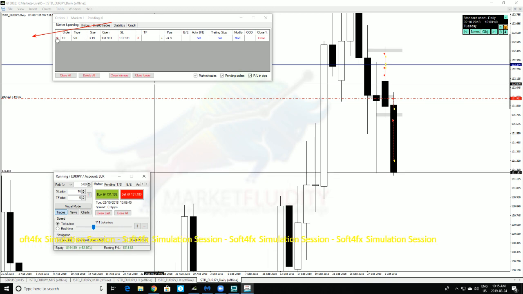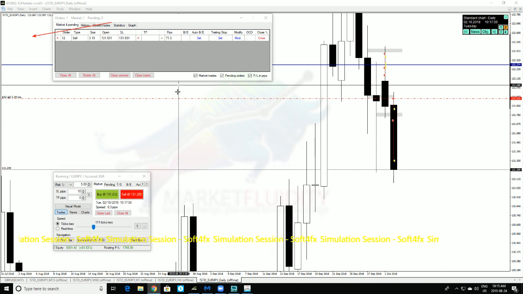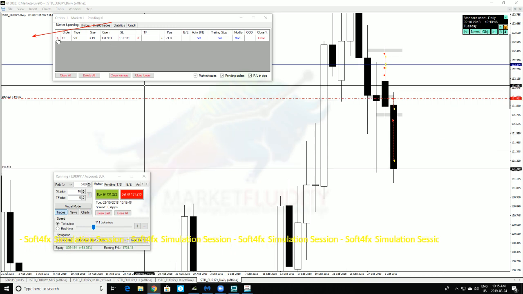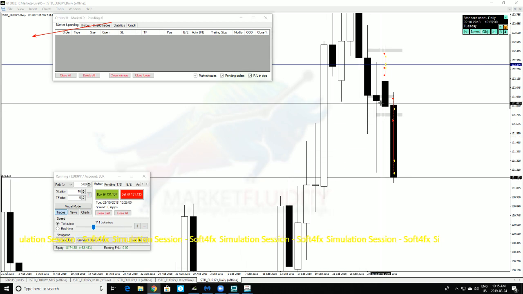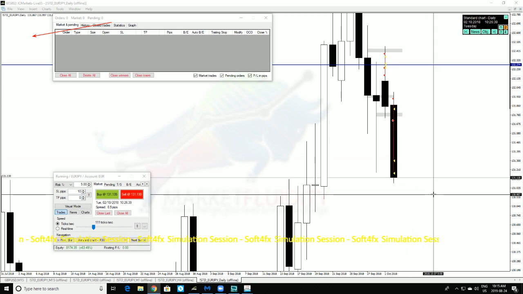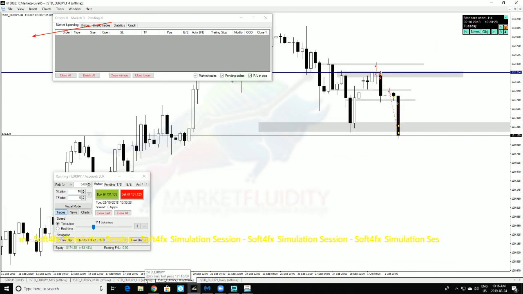Not bad, right? Nice. Close this position. See, that's how you get from a scalp to a swing. But you just have to wait for that opportunity to come up.